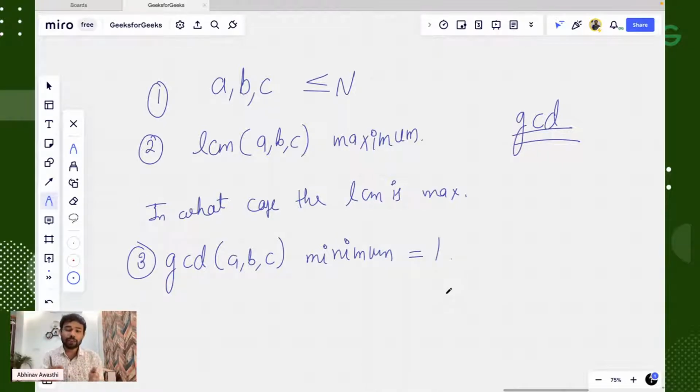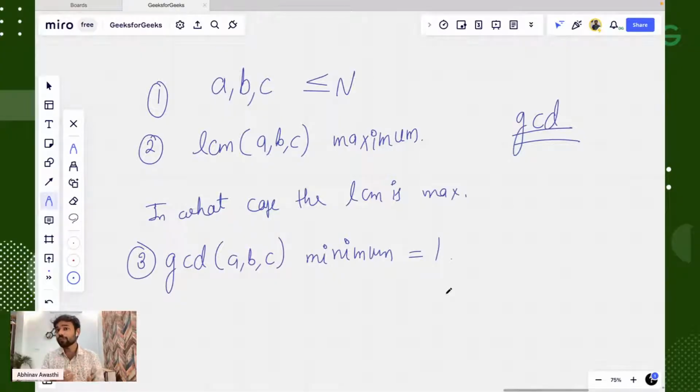So basically we have to find those three numbers whose GCD will be 1, and ultimately that will be the answer. Co-prime supremacy: the numbers which are co-prime, which don't have any common divisors, will have GCD 1.